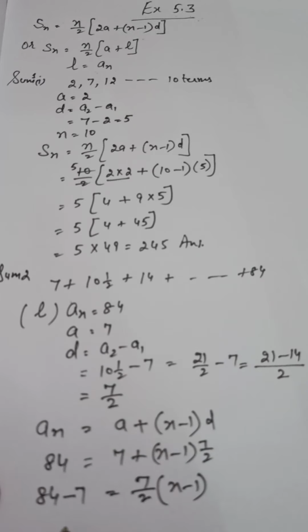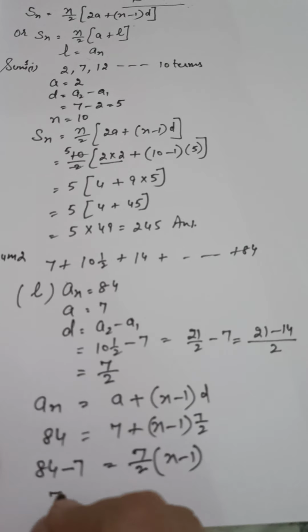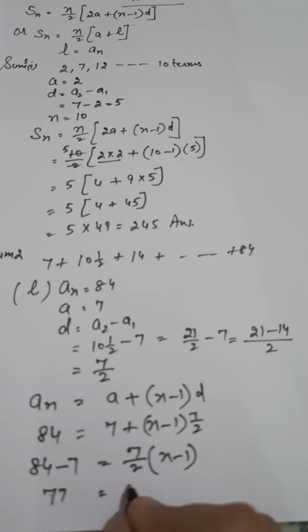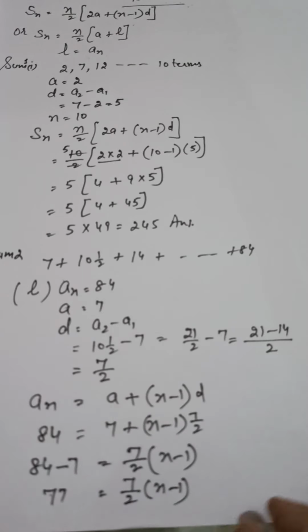Then 77 is equal to 7 upon 2 (n minus 1).